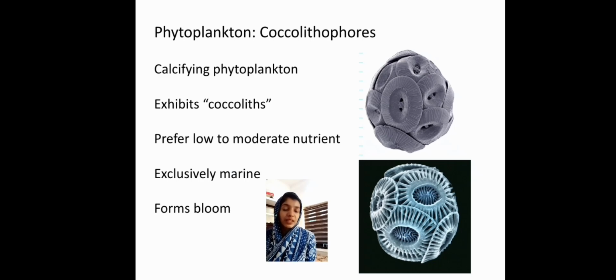It can be seen in the figure that it is a ball shaped cell covered by a coccosphere. It is also called a calcifying phytoplankton, and it will prefer low to moderate nutrients and will form blooms.